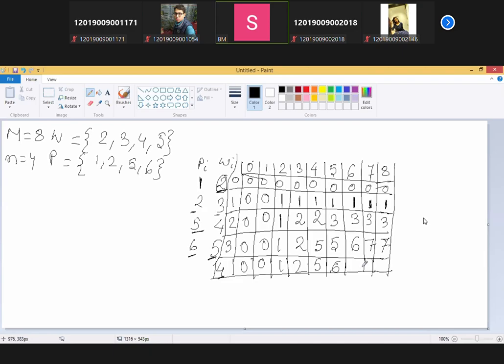Next you come here. 6. Again it is 6. So you cannot accommodate any extra with the 5. So take only this, and the profit will be this only. What about 7? If you go for this one, can you accommodate anything? Yes, 7. So this will be 5 plus 2, and the profit is 6 plus 1. You can accommodate one object of weight 5 and one object of weight 2.